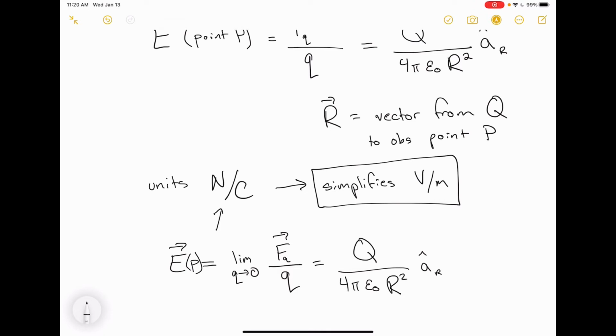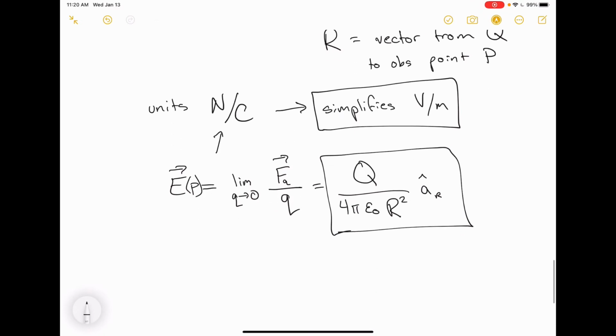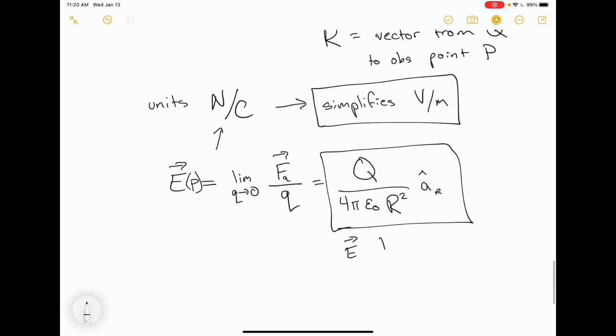Now there's a key thing to note here, and that is that this is the electric field due to a point charge. Other problem configurations have different electric fields. And we're going to talk later about how we figure out what those electric field values are.